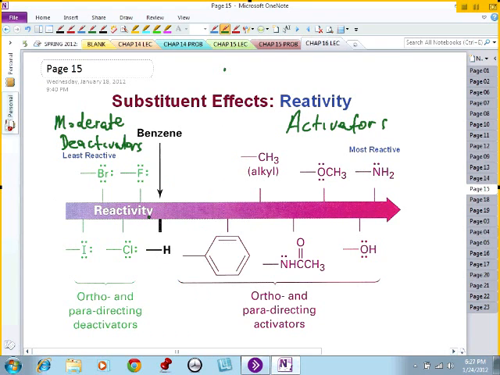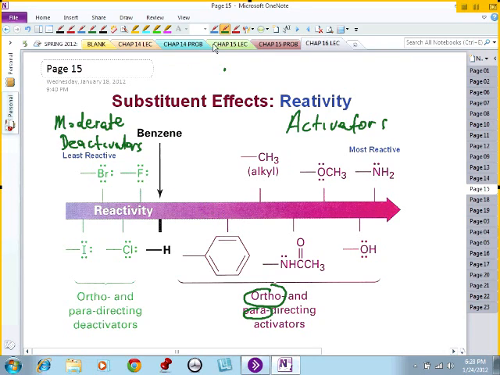So all of these groups here, the moderate deactivators, in this case the halogens, and all of these groups that we show you here, we refer to as ortho-para directors. These are ortho and para directors.